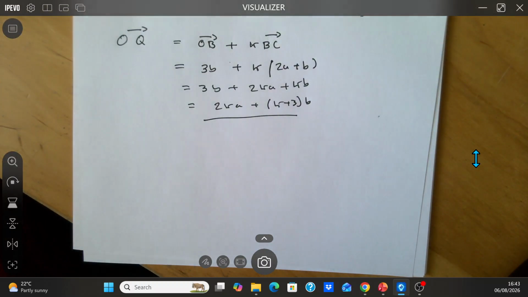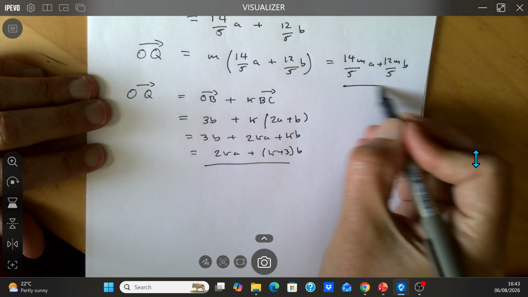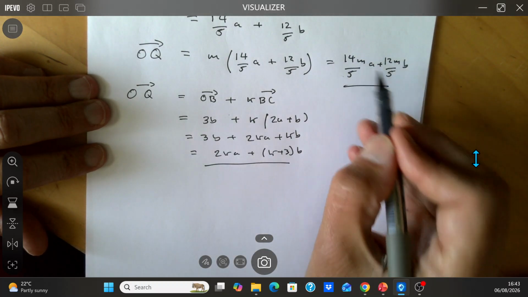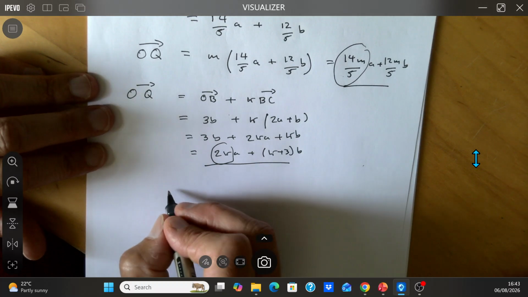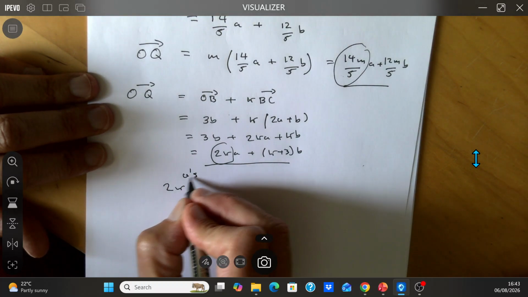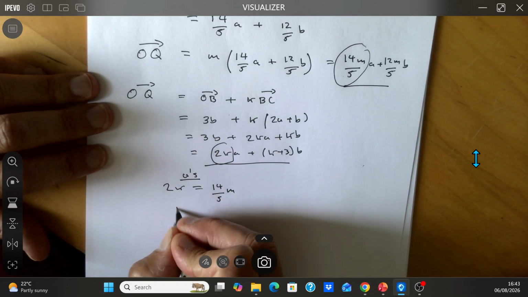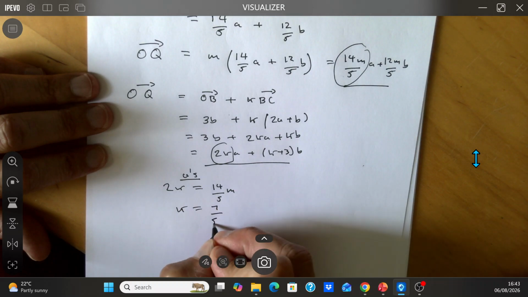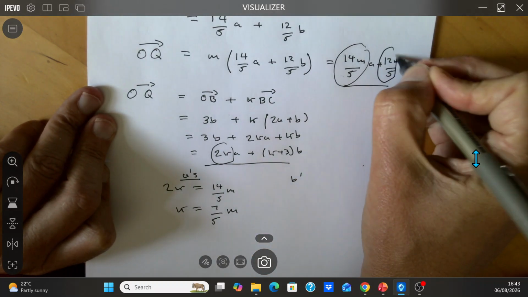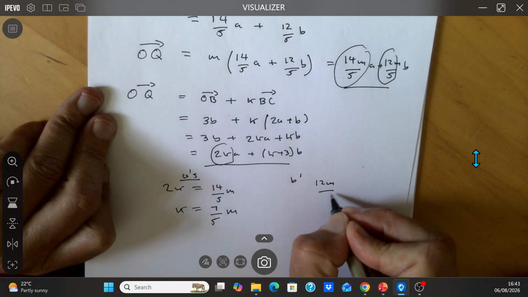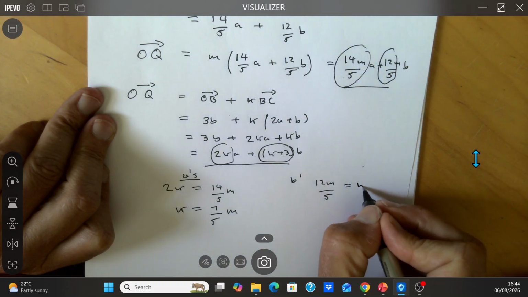Right, now we have these two. The A's in this and this are equal. So if we look at the A's, 2K equals 14 over 5M, so K must equal 7 over 5M. Now if we look at the B's, this 12 over 5M must equal K plus 3.